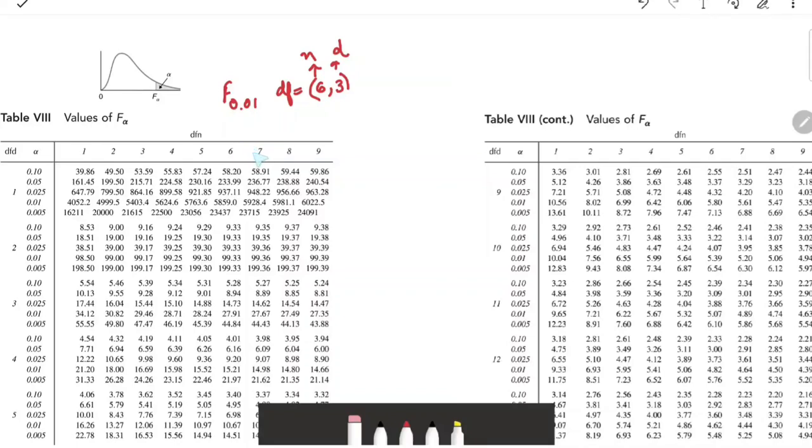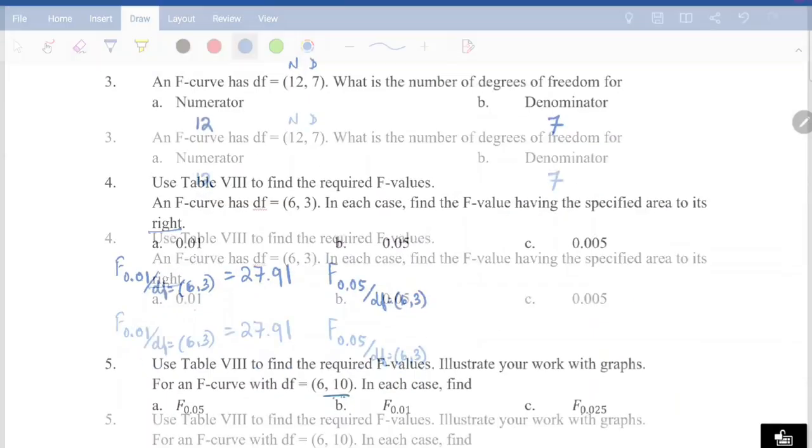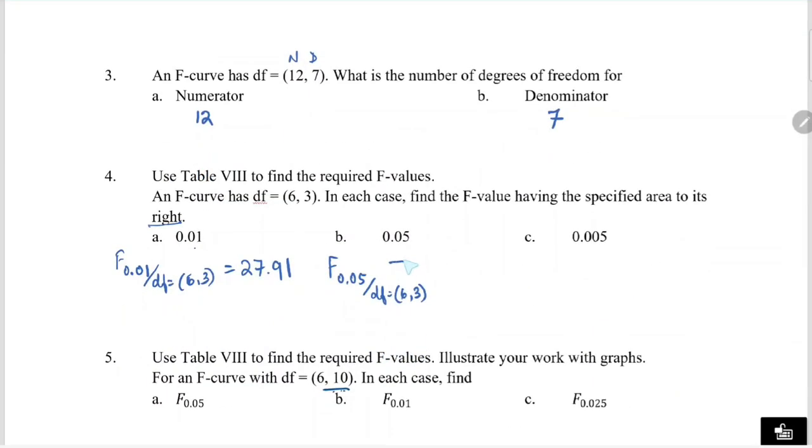So again, 6 here for the numerator, let's pull up our pen here. 6 for our numerator and 3 for our denominator. But this time we are going to look at 0.05, the row for 0.05, and that's 8.94, and that's the value of F. So let's go back and write 8.94 for our answer.